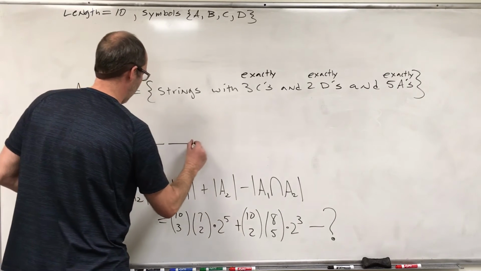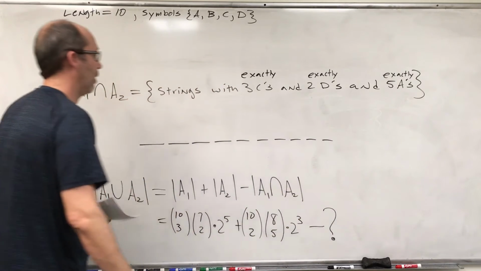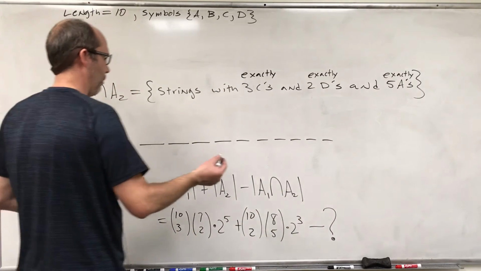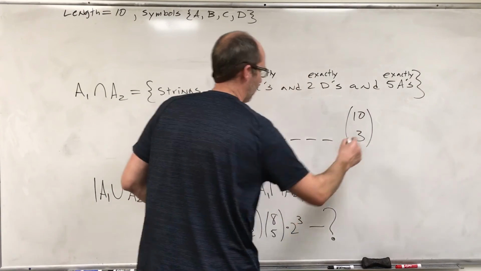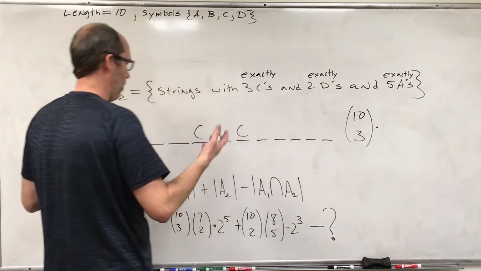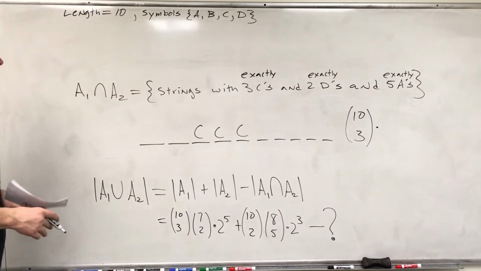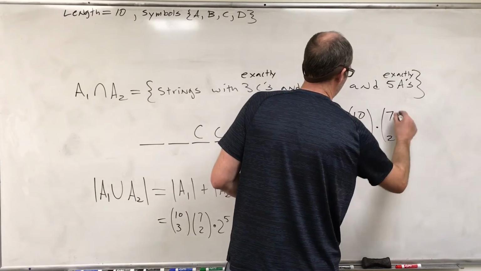Okay, so 10 positions, 3 C's. So you have 10 choose 3 for the C's. Say those went there. Then we have 7 positions, and 2 for the D's.